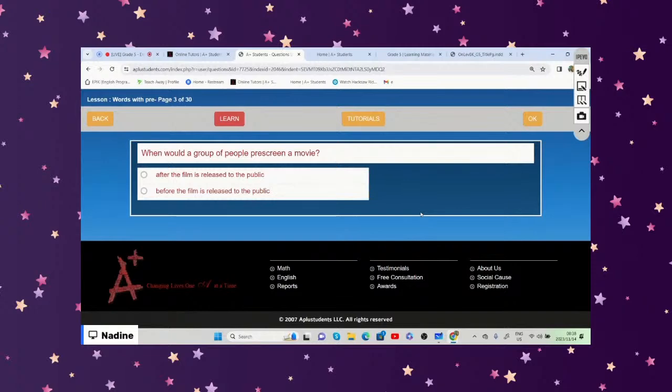So when would a group of people pre-screen a movie? All right, let's choose. The first one says after the film was released to the public, or before the film was released to the public.